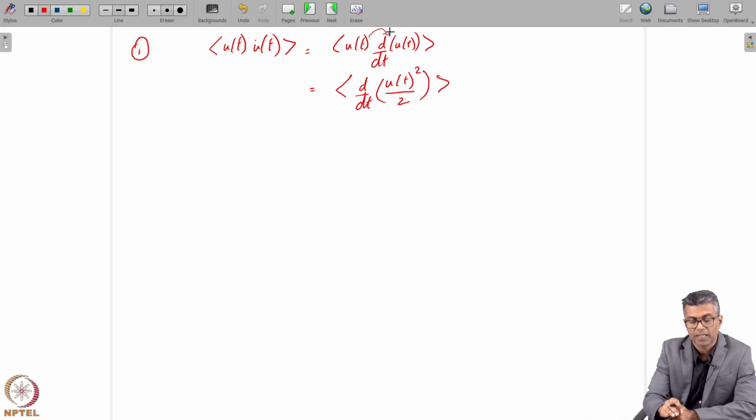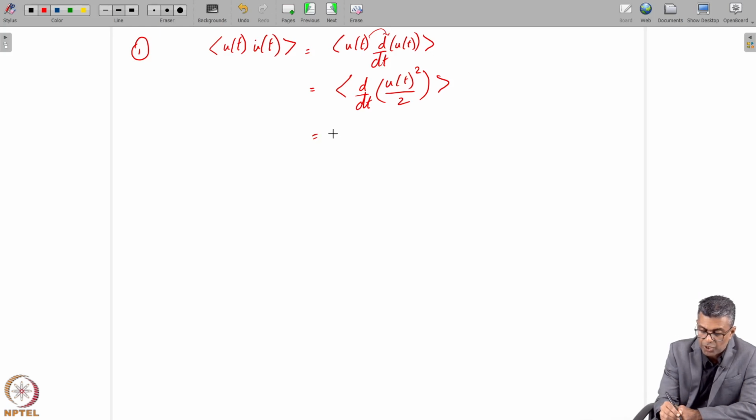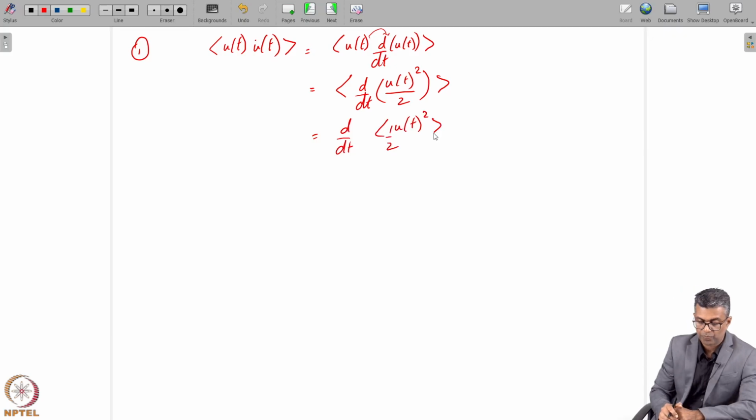So I have d/dt of u(t) squared divided by 2, and then the covariance of all of that. When you're taking a covariance, the time derivative can be taken out. So then what you have is d/dt of u(t) squared divided by 2.